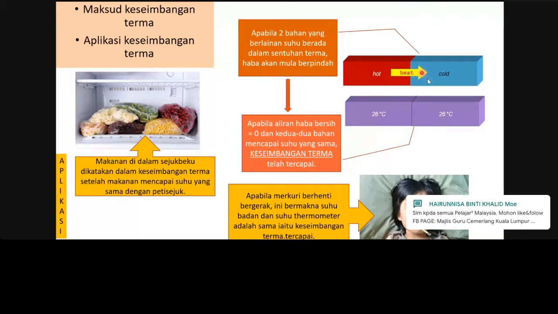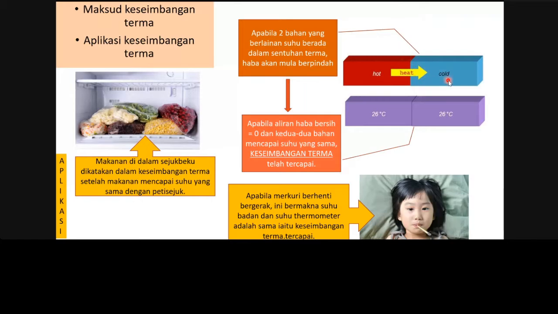So basically the heat from the hot object will transfer to the cold object. It will keep on transferring until at one point they both reach the same temperature, which means they are now in thermal equilibrium.